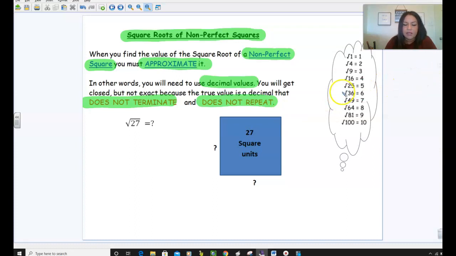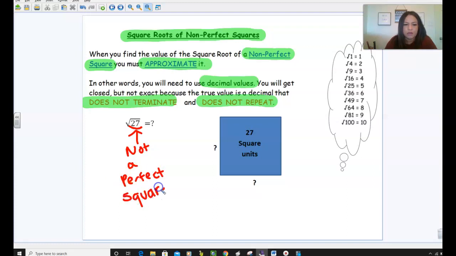So whenever I find the square root of something that is not so simple, like the square root of 36, what if I have something like the square root of 27? Now I go back to my list that I wrote on Friday, and wait a minute, I don't have a square root of 27 written up here. And why is that? Because 27 is not a perfect square.